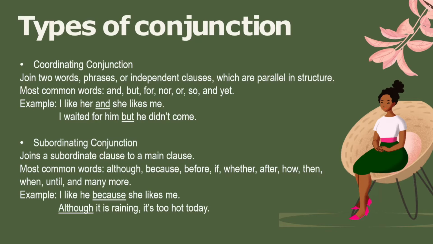It joins the following: main clause plus subordinate clause and subordinate clause plus main clause. For example, in the sentence, I like her because she likes me. And the other example is, although it is raining, it's too hot today.